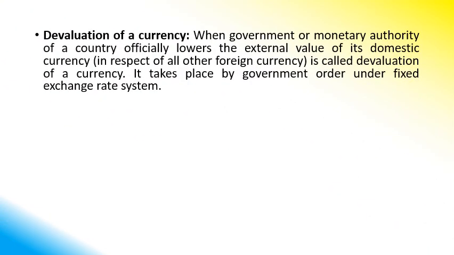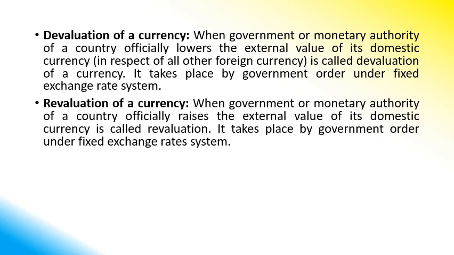Now there is certain terminology we have to learn. First one is devaluation of currency. When the government or monetary authority of a country officially lowers the external value of the domestic currency in respect of all other foreign currencies, it is called devaluation of a currency. It takes place by government order under the fixed exchange rate system.